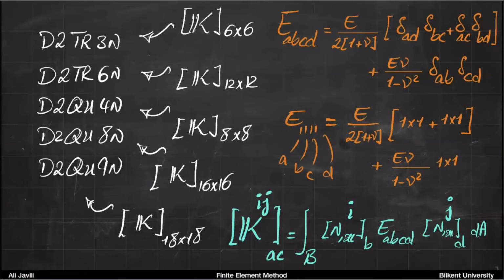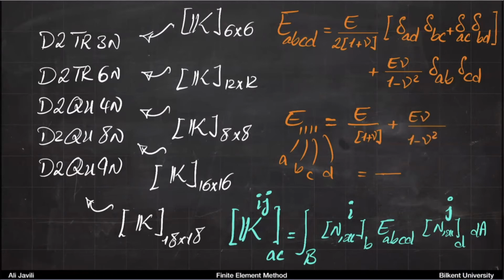So if you want that, then basically you have a 2 here that is canceled with a 2 in the denominator. Okay, this is just a 1. So you can add them up together like this. So this would be 1 minus nu squared in the denominator.